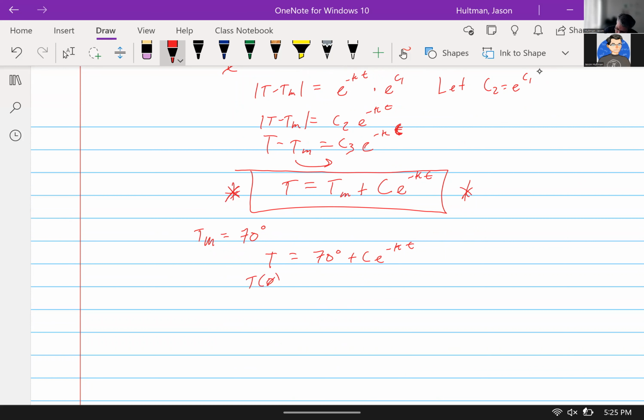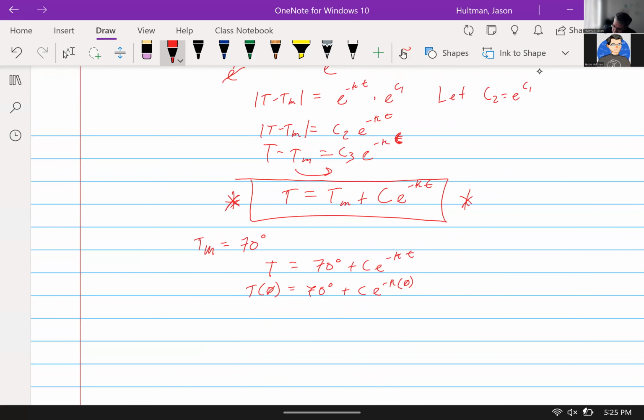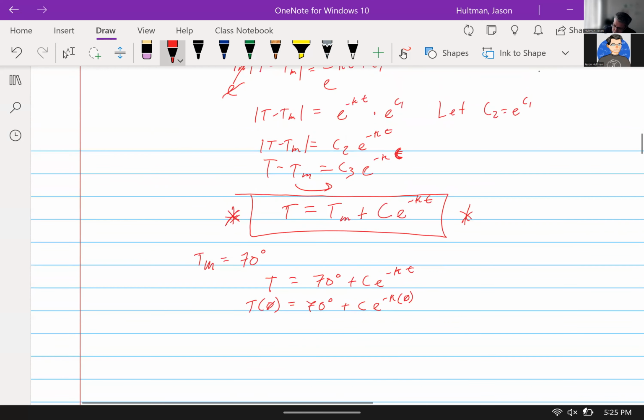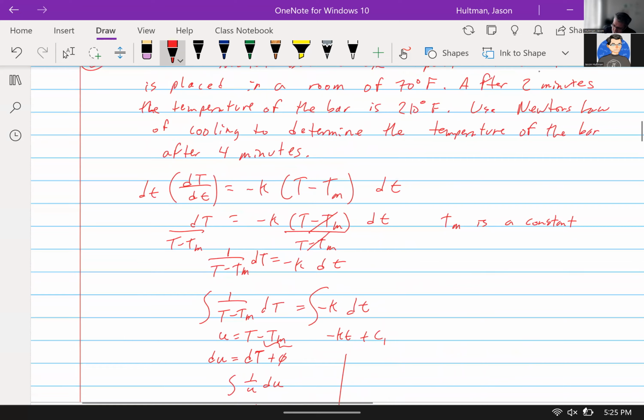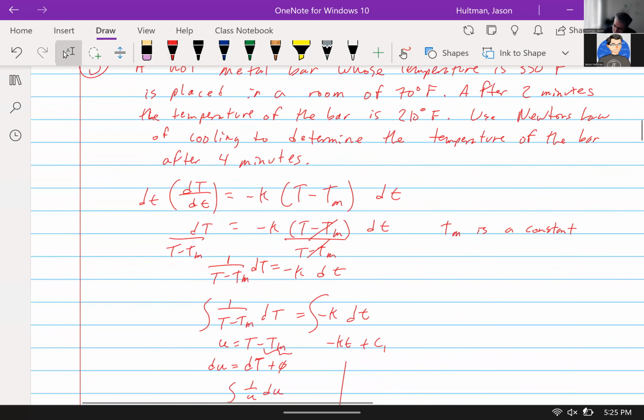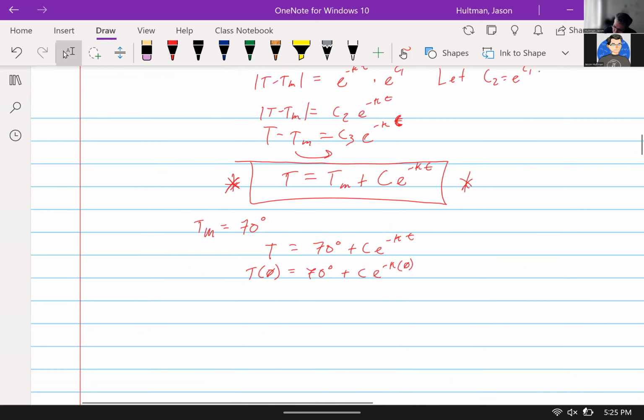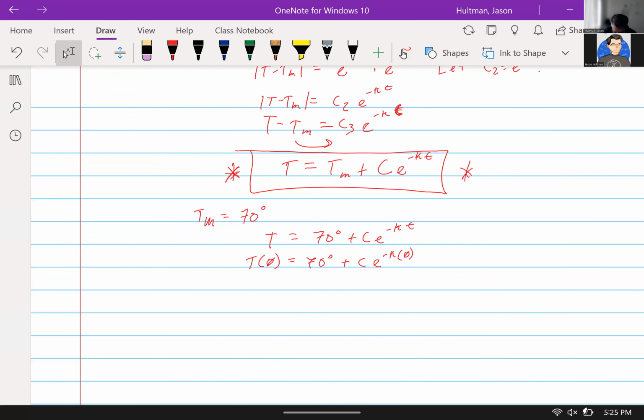Well, basically T naught, or T at time 0, is equal to 70 degrees plus c times e to the negative k at 0. And we said that T naught, I think it started out at 350 degrees, right? And then it went to 210, 2 minutes later. Yeah, that's fine.